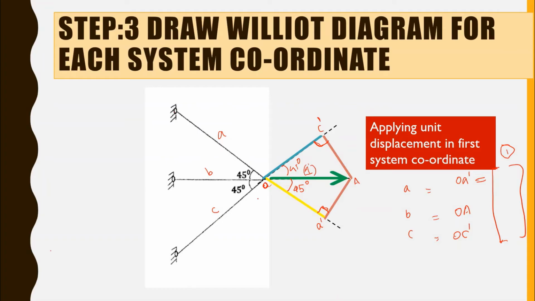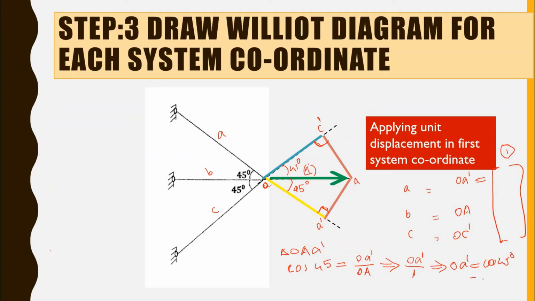So when I consider the triangle OAA dash, I can write cos 45 is equal to OA dash divided by OA, and we know OA is unity, so OA dash divided by 1 is equal to cos 45, or OA dash is equal to cos 45.